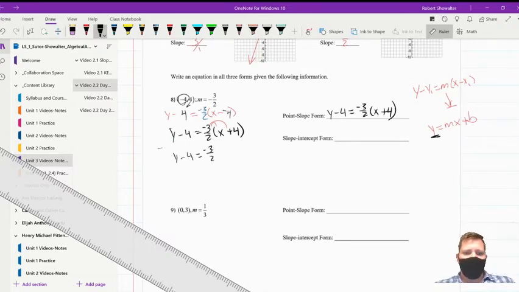So we'll get rid of those parentheses. So now we do -3/2 times 4, which is going to be -6. And now we're going to keep solving. Add 4, y equals -3/2x minus 2. And now that represents the slope intercept form of the equation of the line.